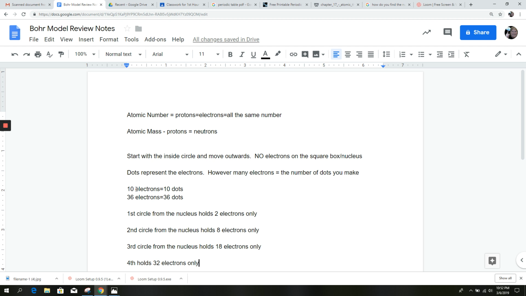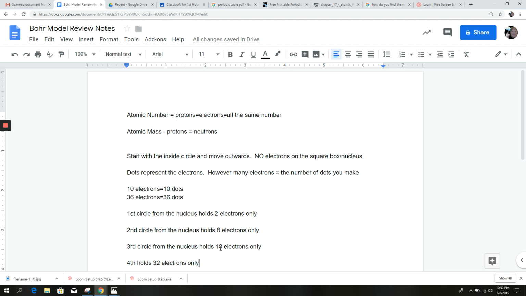So when you make a diagram, if we use this example up here of 10 electrons, you're going to put 2 in the first circle out and then 8 in the second circle out, because that equals 10. If you have 36 electrons, you're going to do 2 in the first circle, 8 in the second circle, that's 10. And then we have 18 in the next circle.